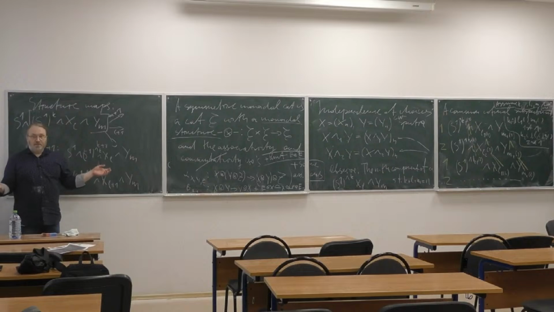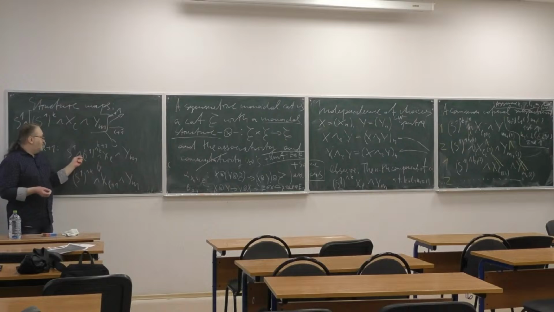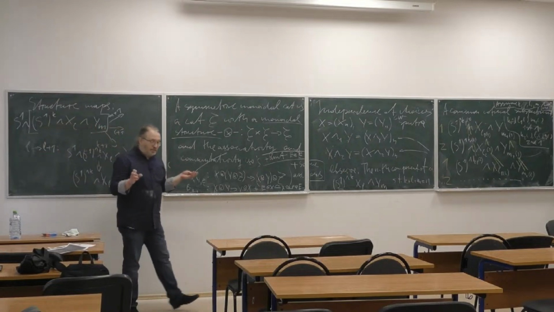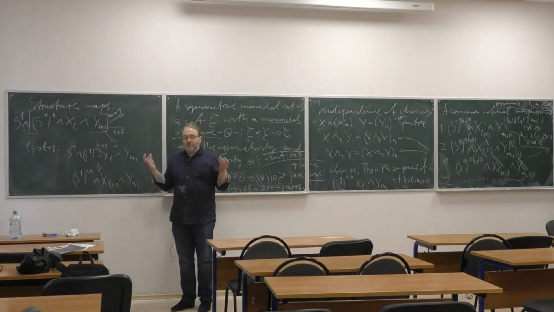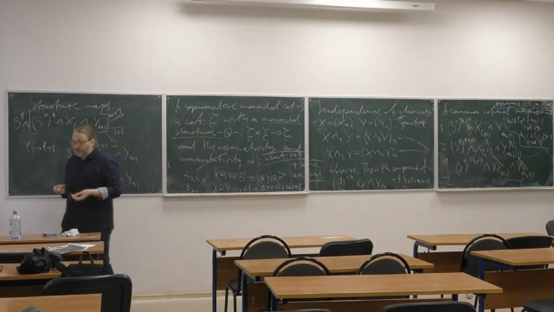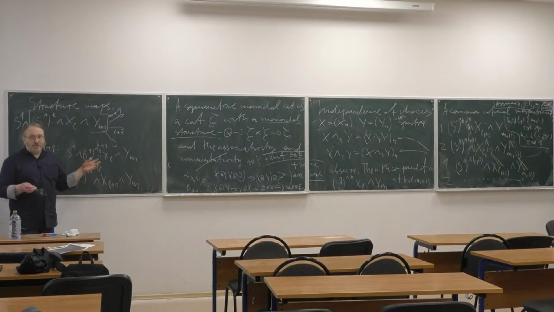But there is a problem. When we swap two factors in a smash product, a sign may appear. And this was actually encoded in the definition of the smash product of the spectra.